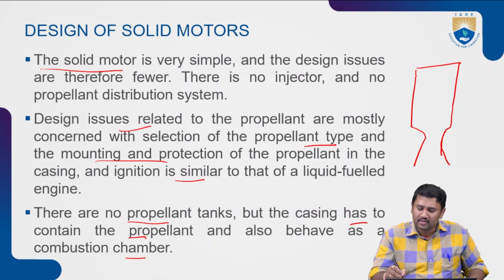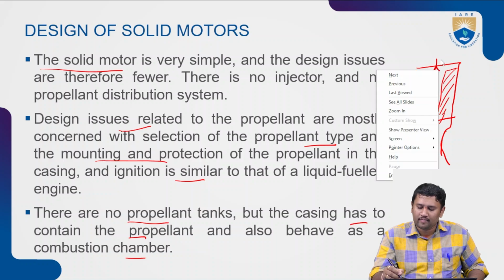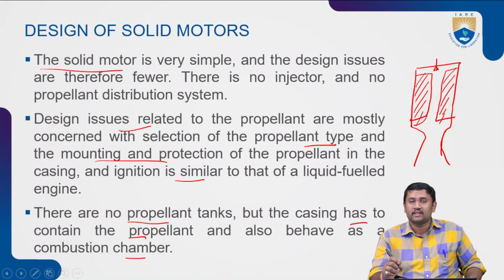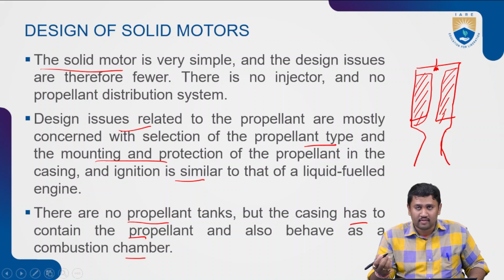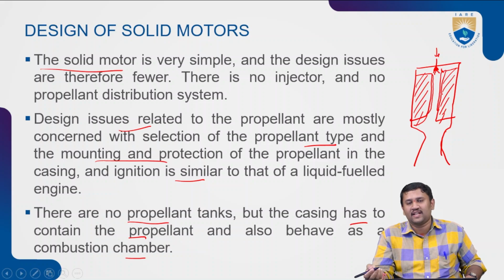It is basically the same example that we have taken earlier. What happens in the simple rocket motor? As the signal comes for the igniter to ignite the charge, it tends to burn the surface that is exposed to the ignition flame.